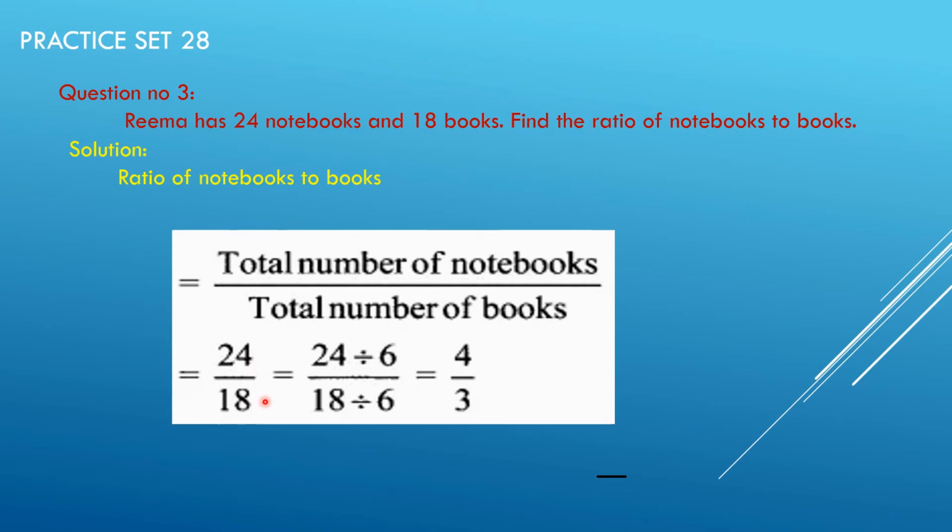That is equal to 24 divided by 6 upon 18 divided by 6, that is equal to 4 upon 3. Therefore the ratio of notebooks to books with Rima is 4 upon 3.